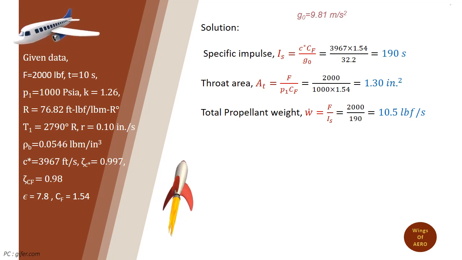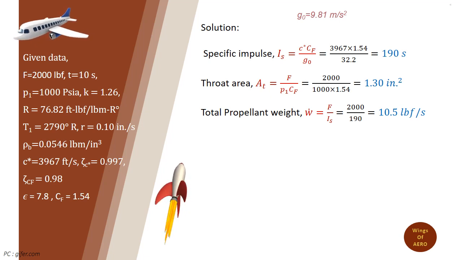The effective propellant weight for a duration of 10 seconds is about 105 pound-force, allowing for residual propellant and for inefficiencies in combustion and lower pressure during thrust buildup. The total loaded propellant weight may be assumed 2% larger or 107 pound-force.